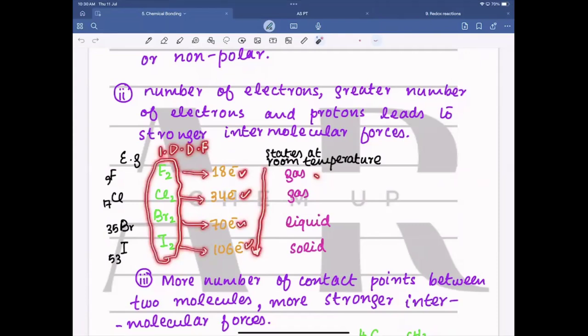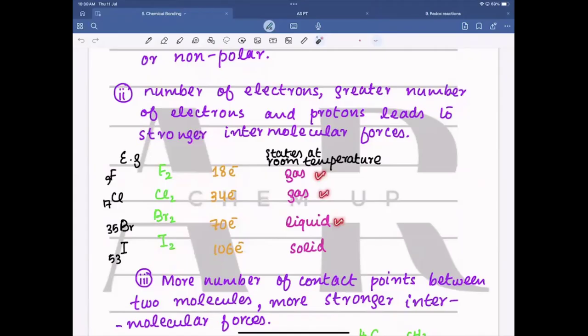As a result, we observe a difference in their states at room temperature: fluorine and chlorine are gases, bromine is liquid, and iodine is solid, which indicates that the forces of attraction between the molecules are getting stronger. Is this clear?